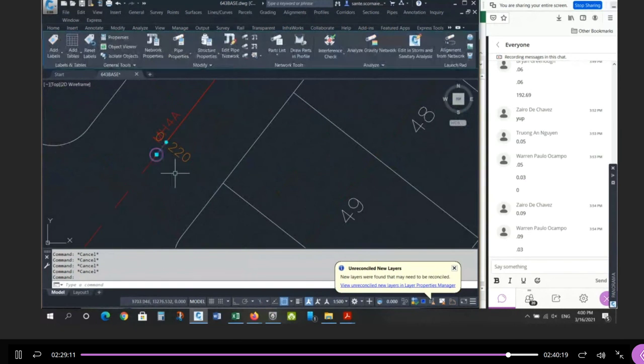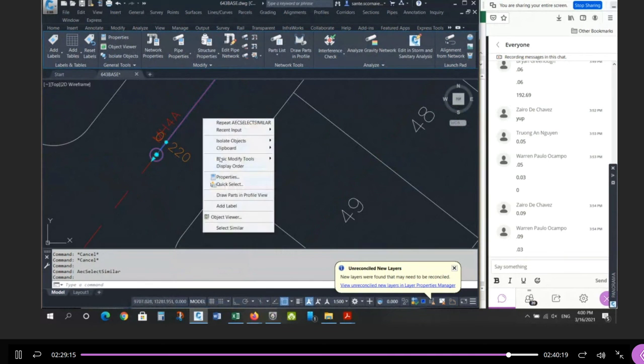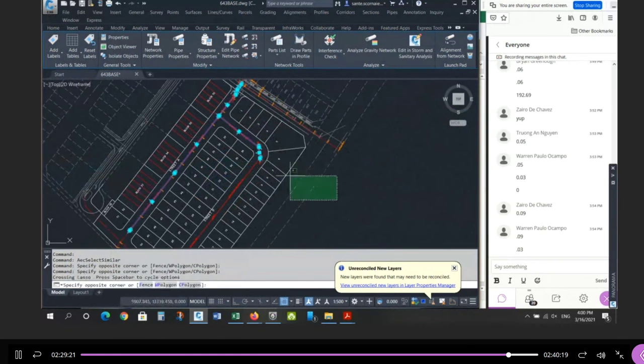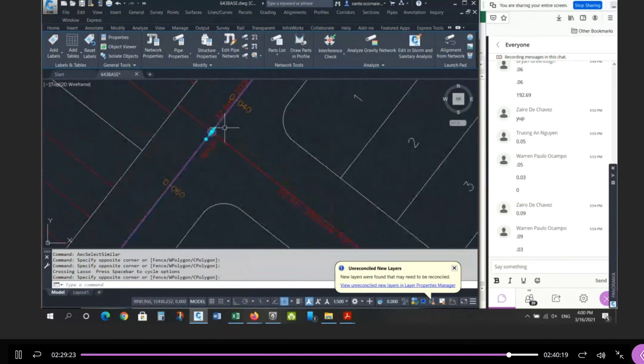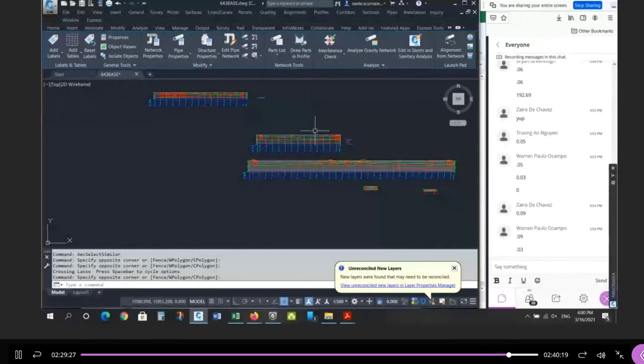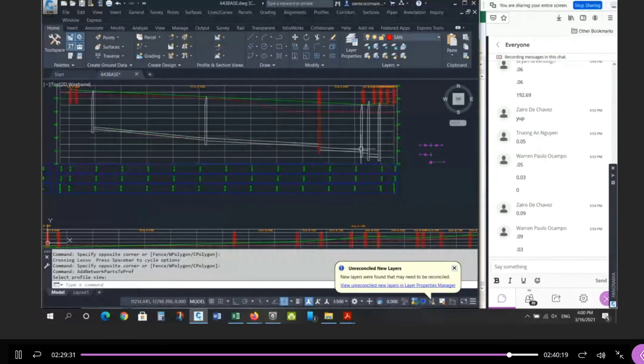So now I'm going to grab street A. So select similar, the pipe, select similar, and now I'm going to deselect. Hold the shift key and just deselect everything else. Don't want anything from street B. Do you want that maintenance hole? Because it's on this road as well. Okay, so we'll go to here, right click, add parts to profile, click on street A, and it puts in all the sewers.